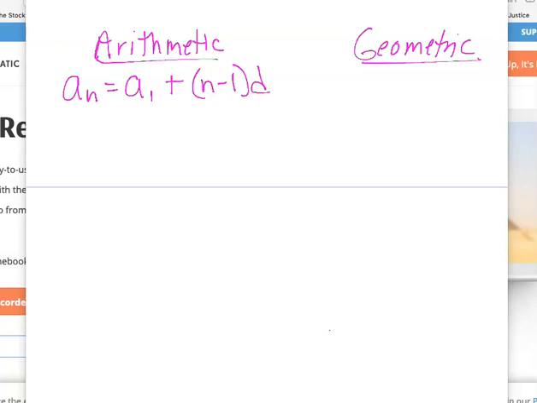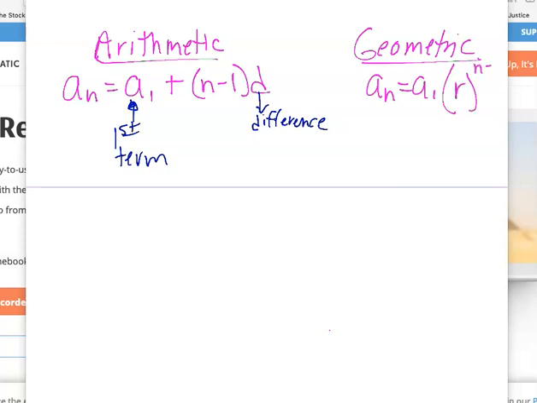So this stands for our first term. D stands for our difference. And n is our term number. Whereas for geometric, to get a term number, we start with our first term, but we're multiplying by that ratio to the power of n minus 1. So we have here, once again, first term, and that's our ratio right there, what we're multiplying by.